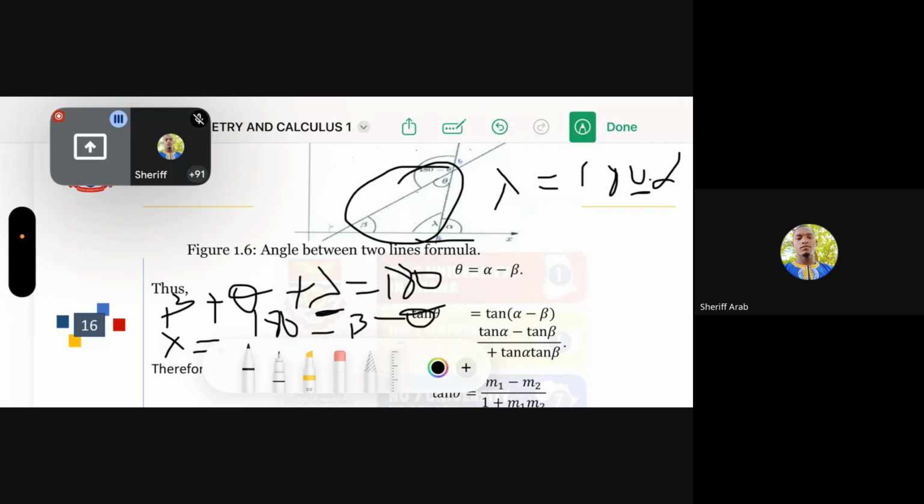So here I have lambda is equal to 180 minus alpha, and I also have lambda is equal to 180 minus beta minus theta. If I call this equation 1 and this equation 2, I can equate the two equations, because this same lambda is equal to both.